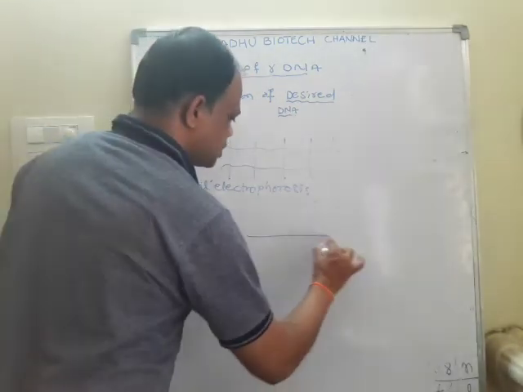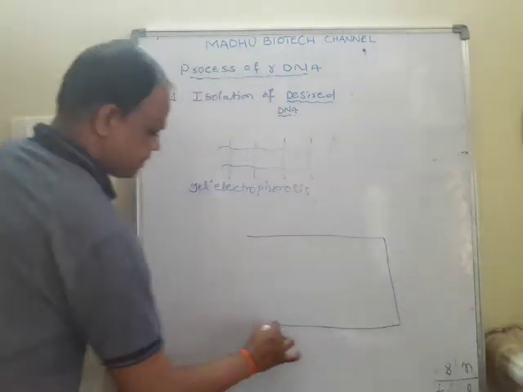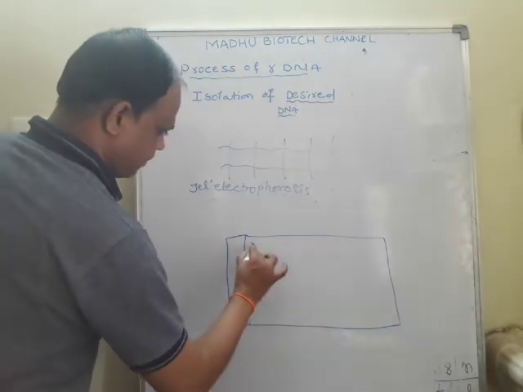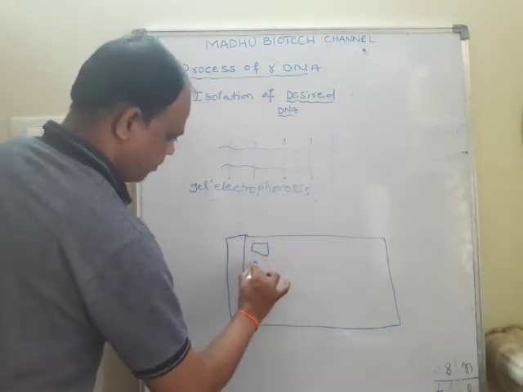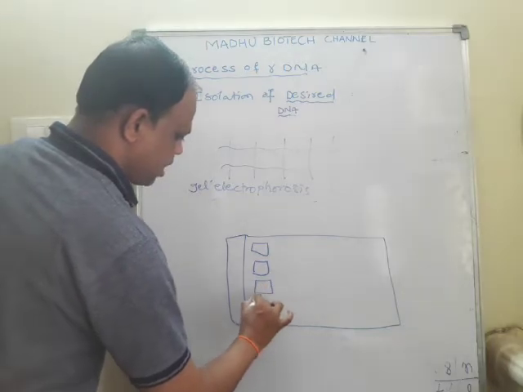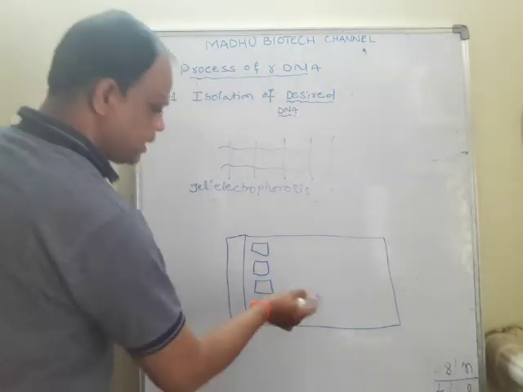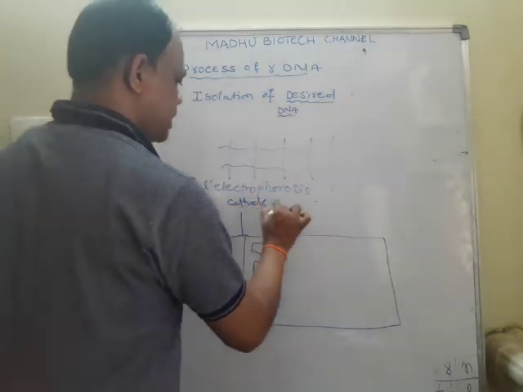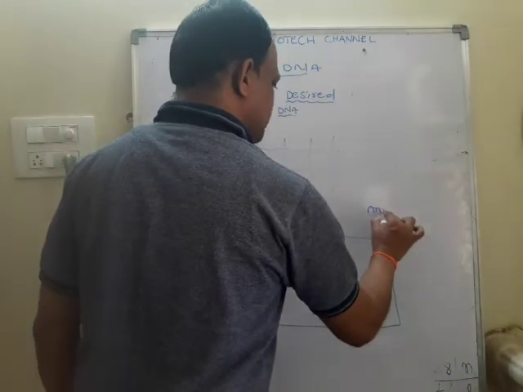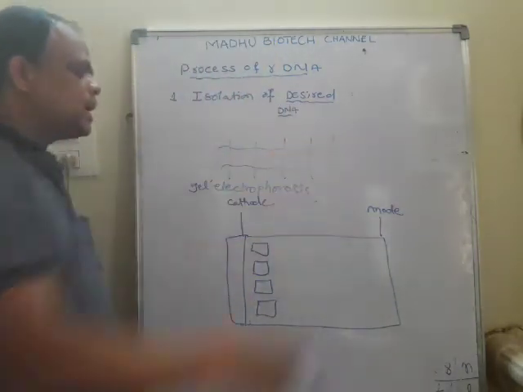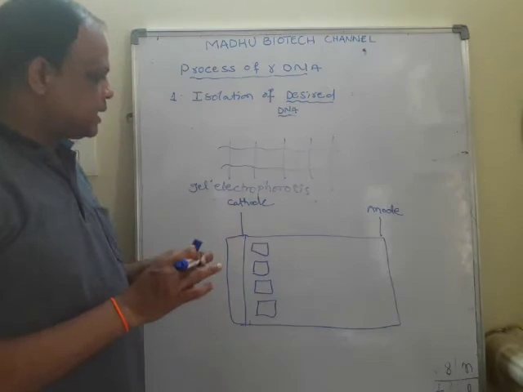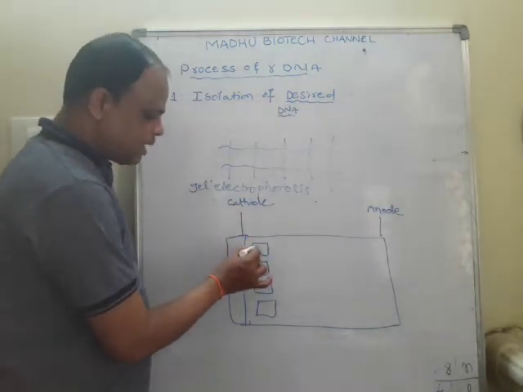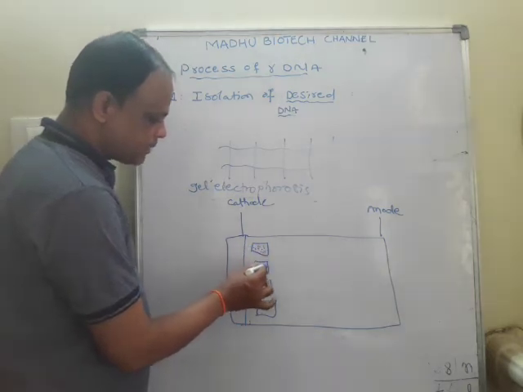This is the structure of gel electrophoresis. This is the agarose chamber. Wells are present. Here this is the cathode, and here is the anode. All the cytoplasmic mass and the DNA fragments are poured into these wells.